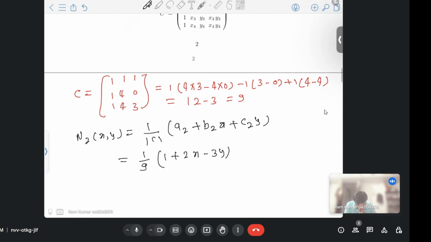If I write in general form, it will be 1 by 9 plus 2 by 9 x minus y by 3. So this will be our n2. Fine. So now for example, I want to find n2 at 1 comma 3.